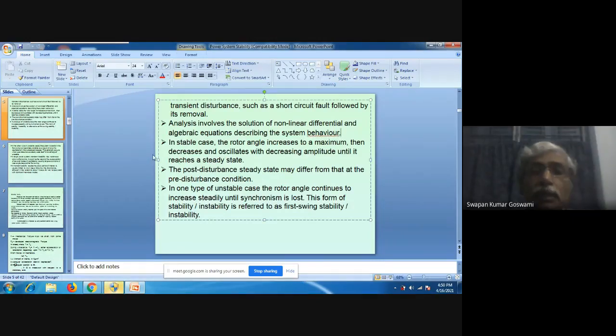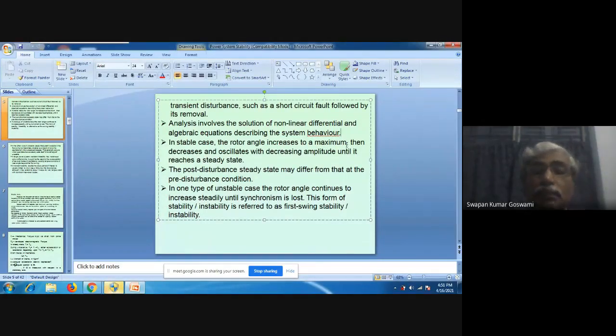Okay. So if the system becomes stable, how shall we identify that? How should we understand that the system will be becoming stable? Or if it is unstable, what will be the indication that the system is becoming unstable? To know that, see what happens in the stable case. The rotor angle increases to a maximum.